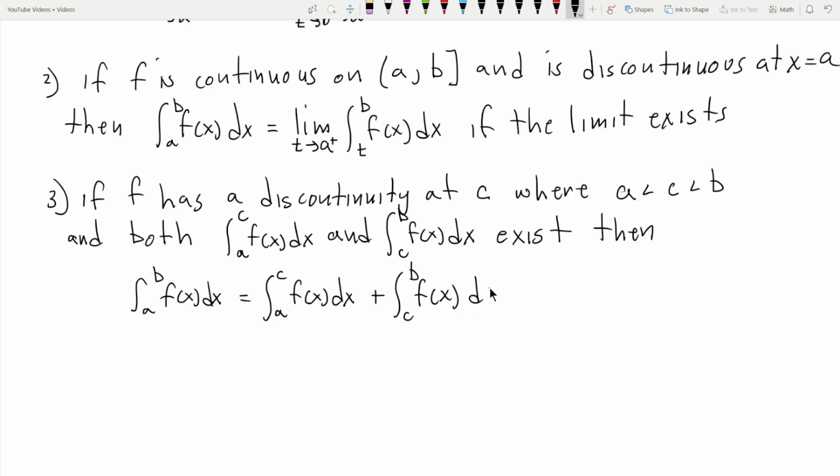And again, just like in the last video, we need both of those to exist and be finite for this to work.